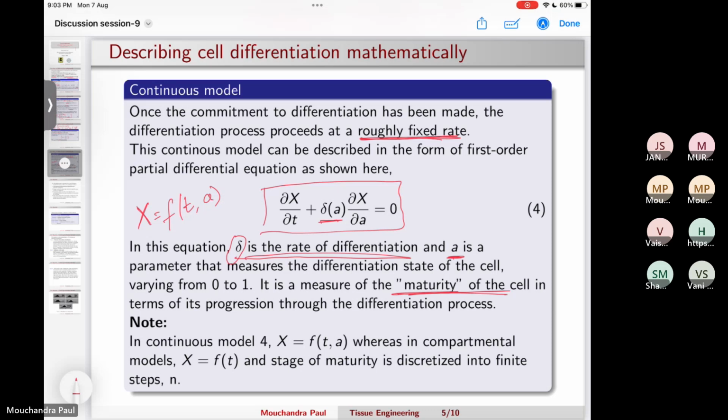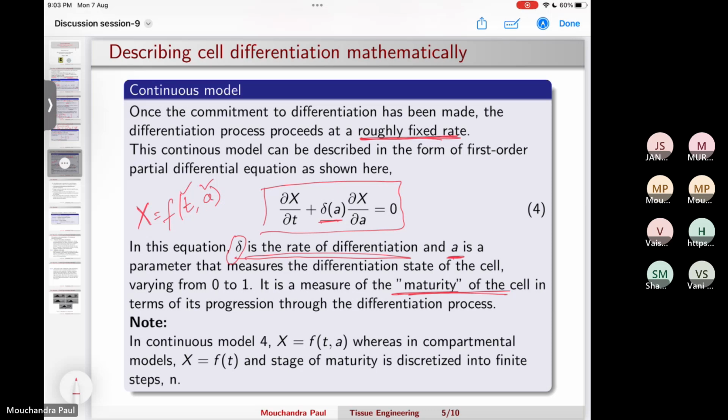It means the cell number is changing with time, correct, and the number of cells that are present at a particular differentiated state is also changing. So the cell number is a function of both t and a.